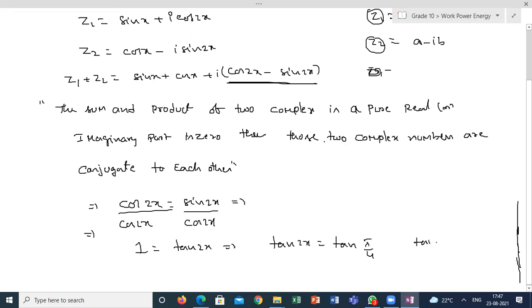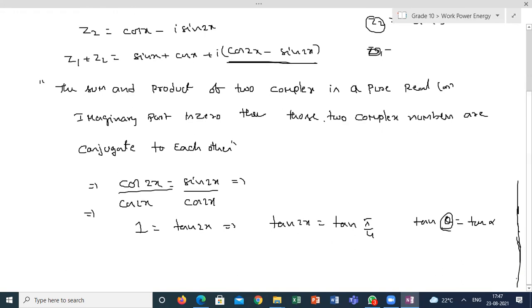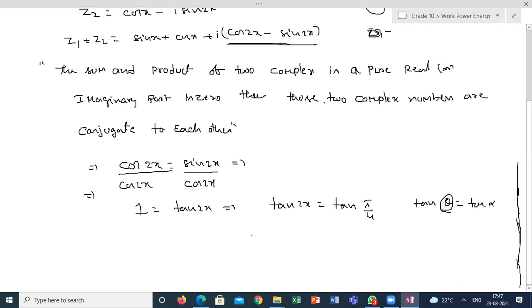So use tan theta is equal to tan alpha. Find out the general solution of theta here. Like this, the general solution of 2x will be your answer. When you are getting tan theta is equal to tan alpha, in first quadrant and third quadrant, so 0 plus pi by 4, pi plus pi by 4. Like that you can think over it and let me know what the final answer is.